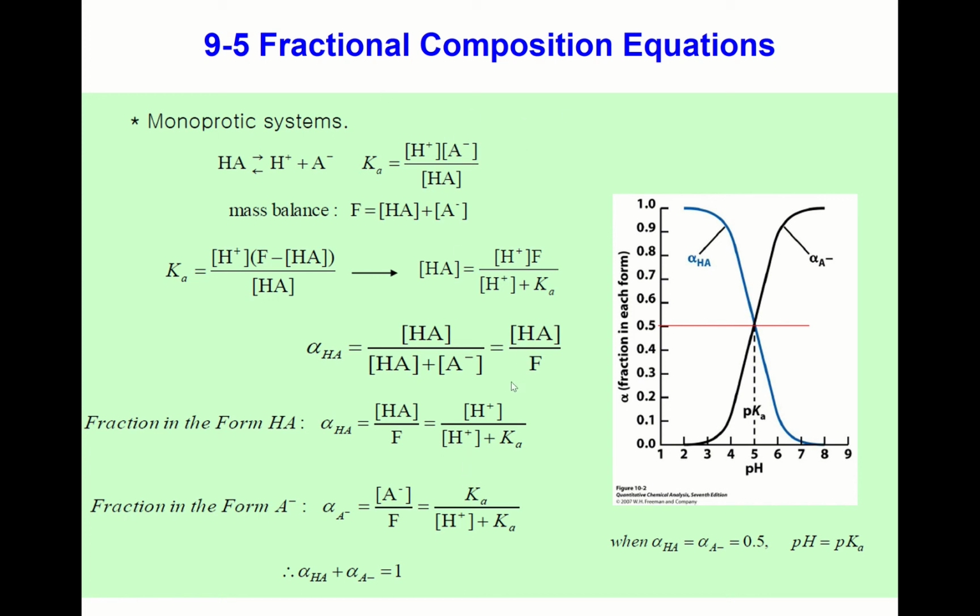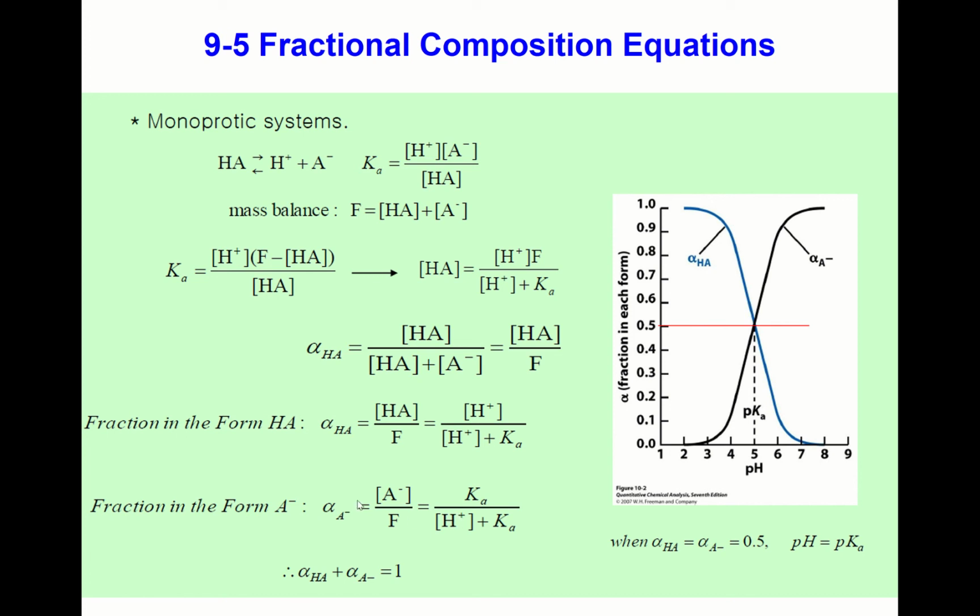It means once the pH is decided, the portion of alpha HA or alpha A minus is automatically decided. Likewise, you can derive the fractional composition for A minus, which is given by this equation.